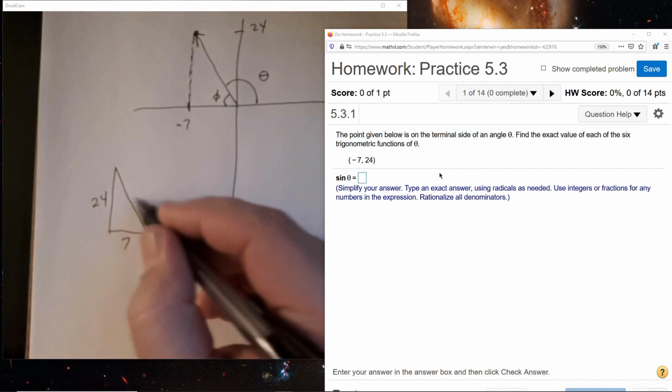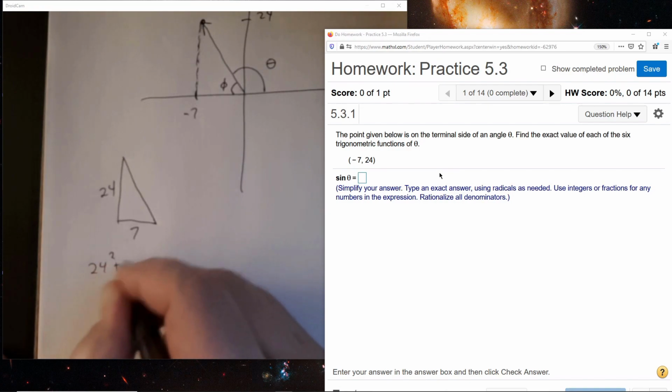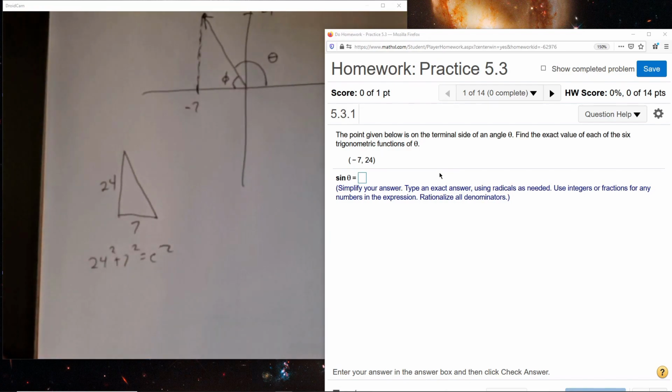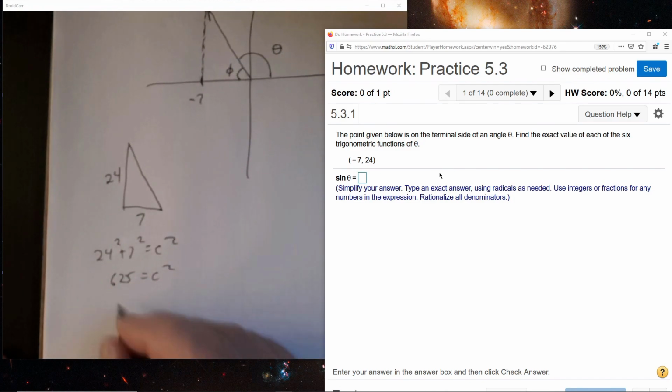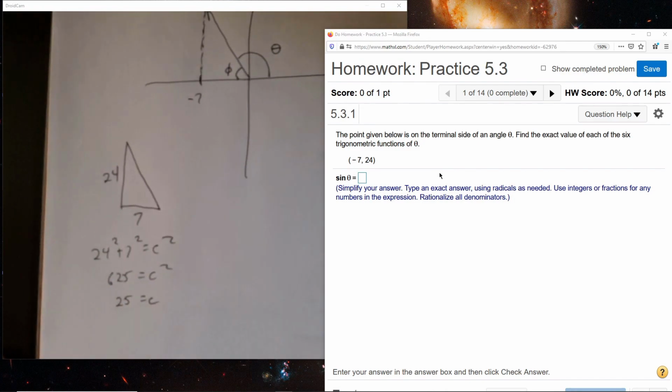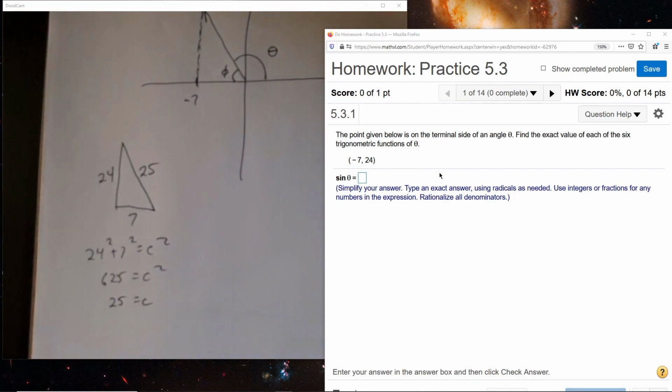And then to get the hypotenuse, we would just use Pythagorean theorem. And once we have all 3 sides, we can get all 6 trig functions.